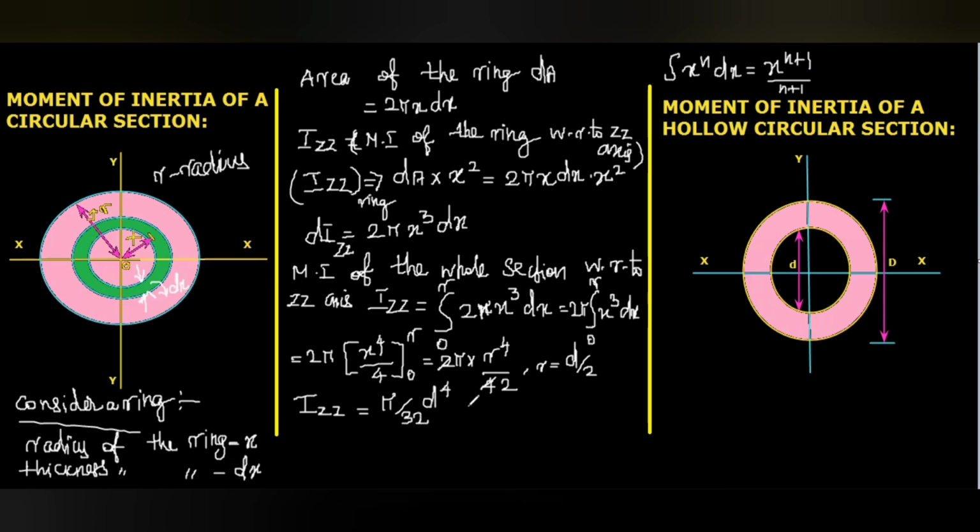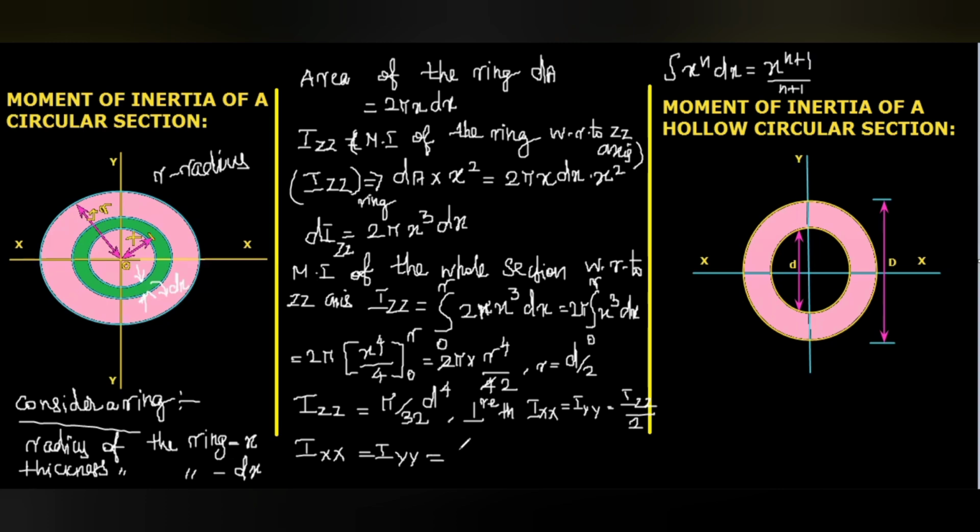And then we know that as per the perpendicular axis theorem, Ixx equals Iyy, that is Izz divided by 2. So if this is Izz, then we can write Ixx or Iyy as this value divided by 2. That means we will get pi by 64 d power 4. Okay.